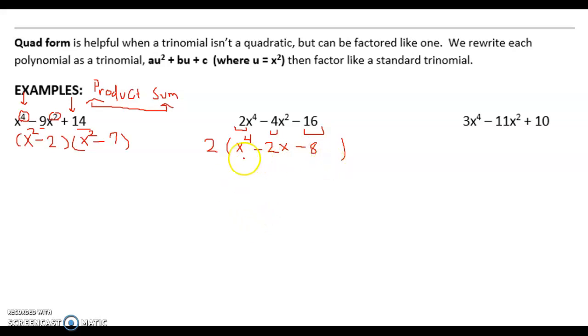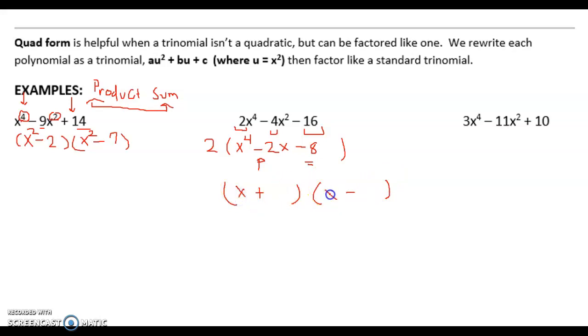All right, now I'm going to do the same thing. I'm going to think of two numbers that multiply to a negative 8 and add to a negative 2. Now, if they're multiplying to a negative number, one has to be positive and the other one has to be negative, right?